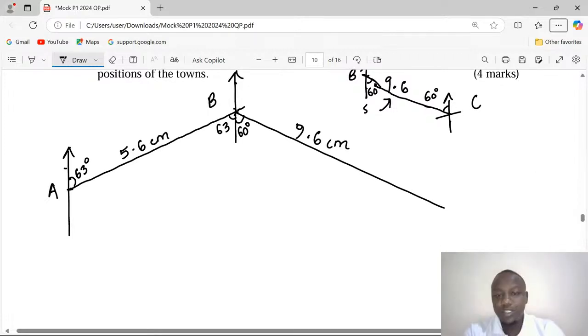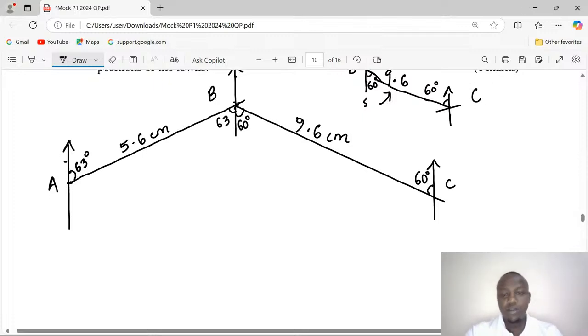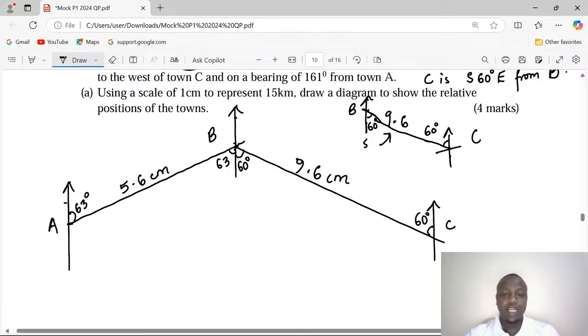Once you measure 9.6, you make an arc and you construct another 60. You construct a 60 degrees here. This becomes our point C. With the 60 there, we are still abiding by the original instruction of B being 60 degrees from the north towards the west of C. So we have located our C.